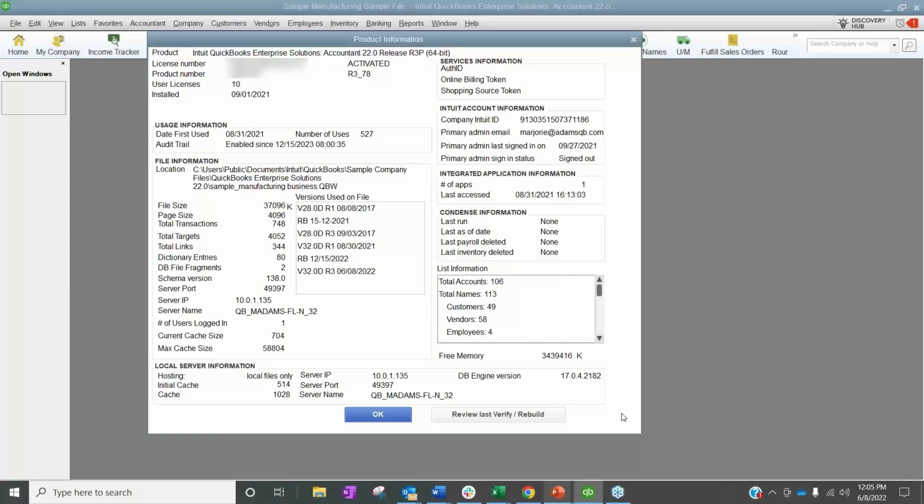Their file was probably about a gig to begin with, and going up to Enterprise, it's still a large file, but oh my goodness, there were hundreds of target chaining errors. Their financials were off. We'd go in and open up a bill, and it would have a customer as the vendor. And so that one, I think, was probably the biggest one.